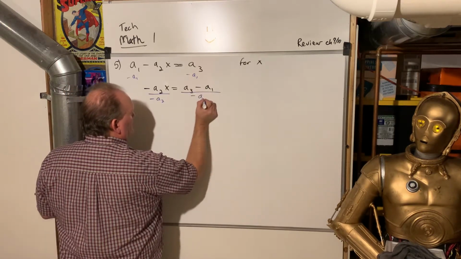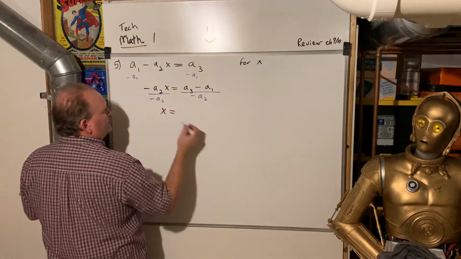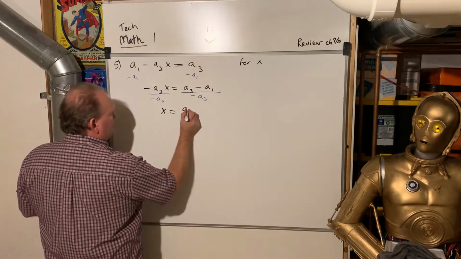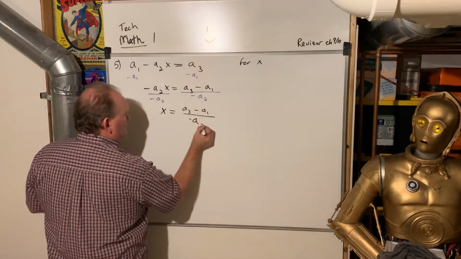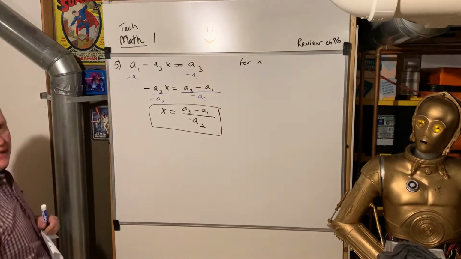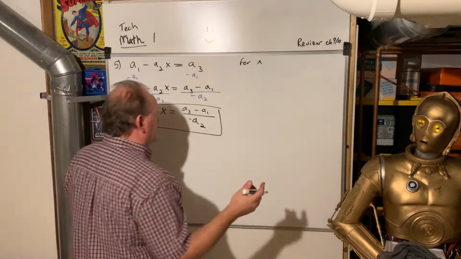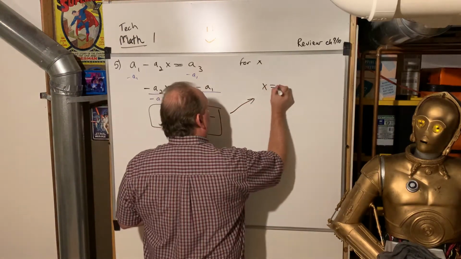All right? And so when we do that, you can leave your answer like this. This is fine. With the negative on the a sub 2, I'm fine with that. The book doesn't let you do that. They multiply top and bottom, so they take it a step further.